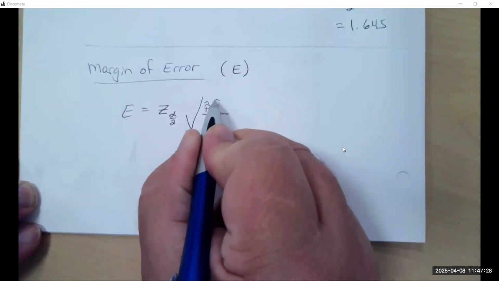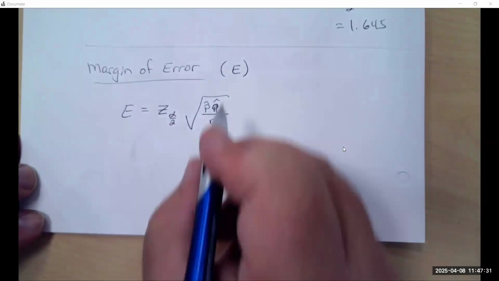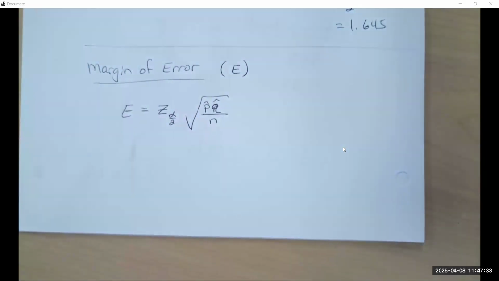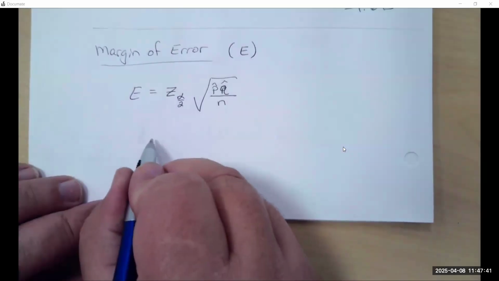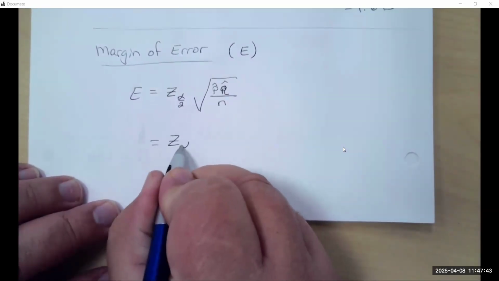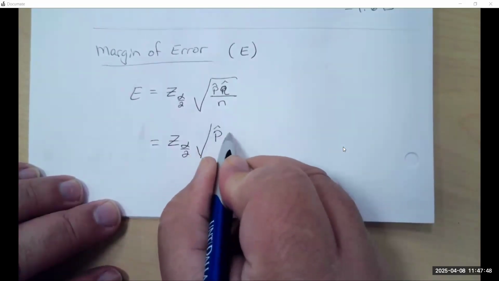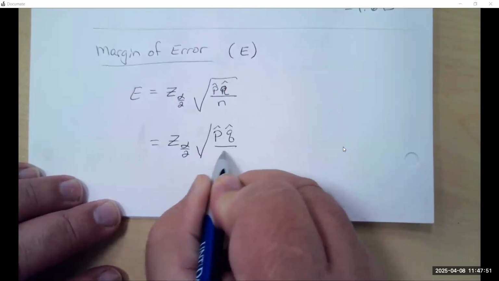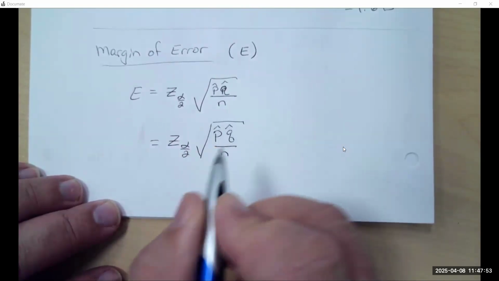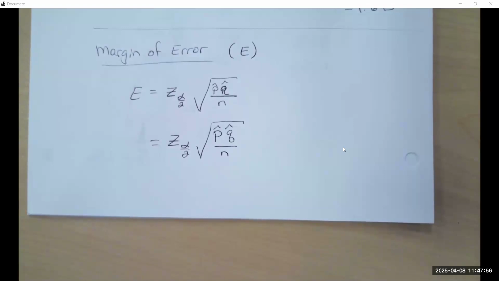That's Q. So it's P hat and Q hat. Let me make it look nicer. n is lowercase, because we're only looking at the samples here.